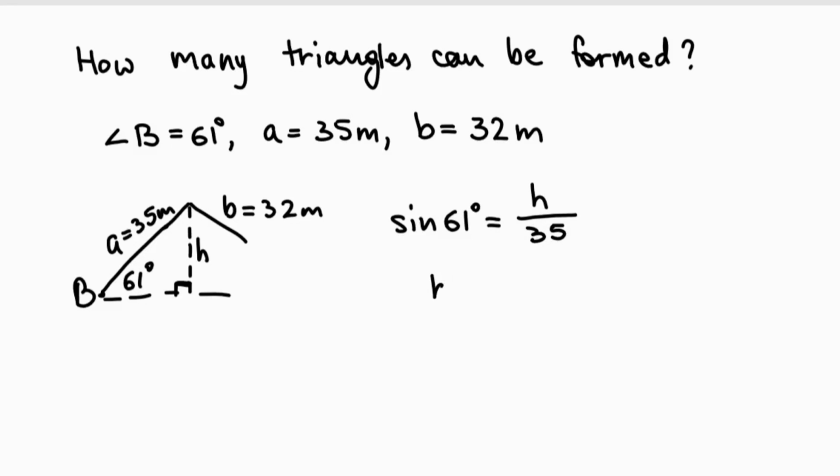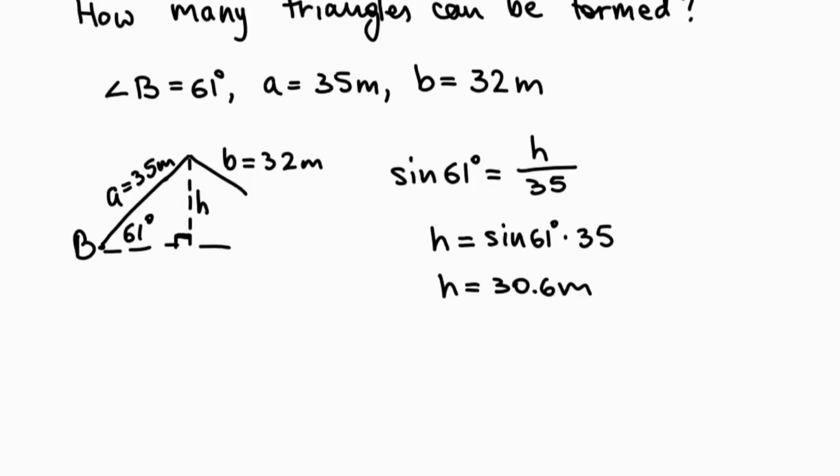So from here, H is equal to sine 61 degrees times 35. H is equal to 30.6 meters.